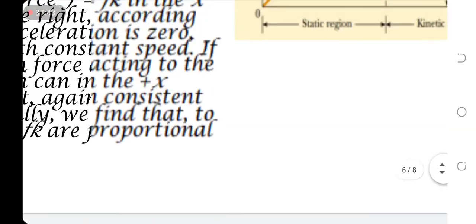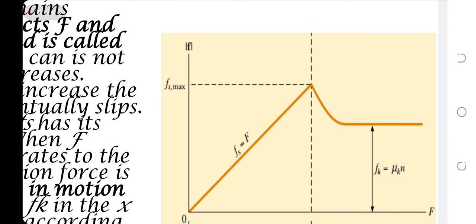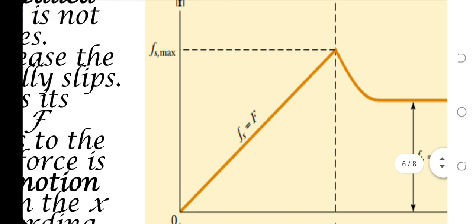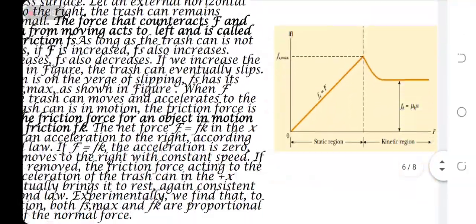We can also see from the previous diagram the graph of applied force versus friction force shown in that figure. First, the friction force increases. Secondly, it goes to the peak, then it falls towards some value.